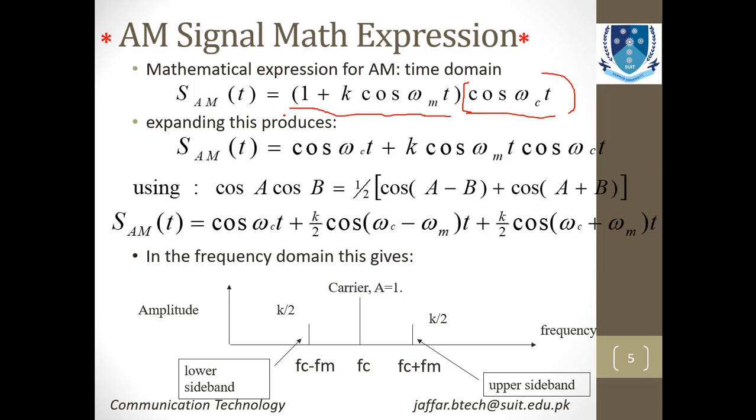If you expand this equation, you get cos omega ct plus k cos omega mt into cos omega ct. We expand the equation using the formula cos a into cos b, which gives 1 by 2 cos a minus b plus cos a plus b. So this is your final equation, but this is in the time domain.